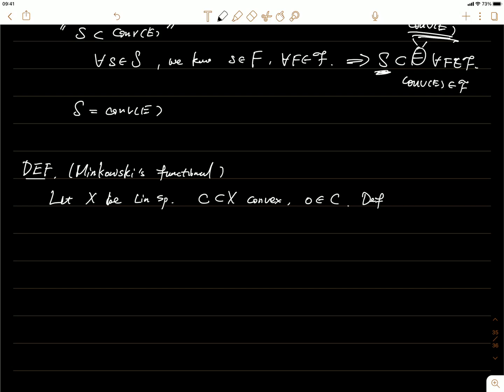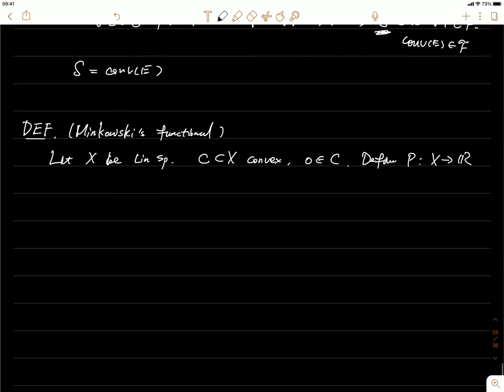Then we define a functional, a mapping defined on X to the set of real numbers, as follows. For each point in the space X, I define p(x) to be the infimum of the real numbers lambda such that x over lambda is in C.